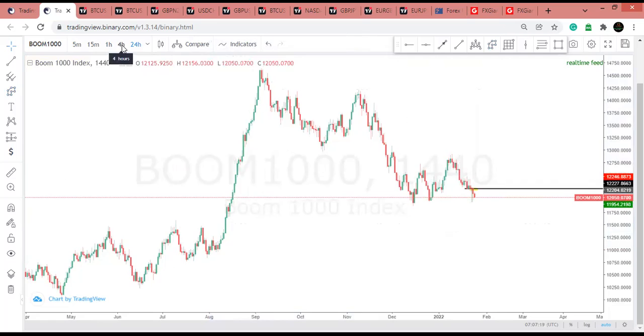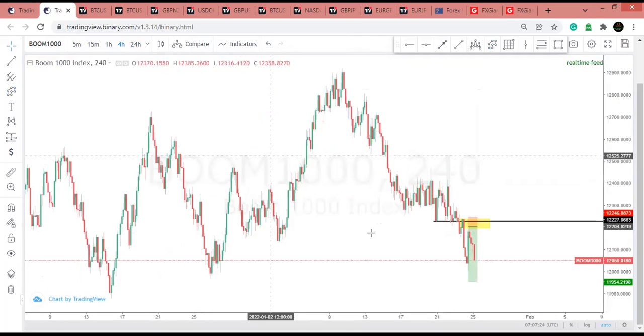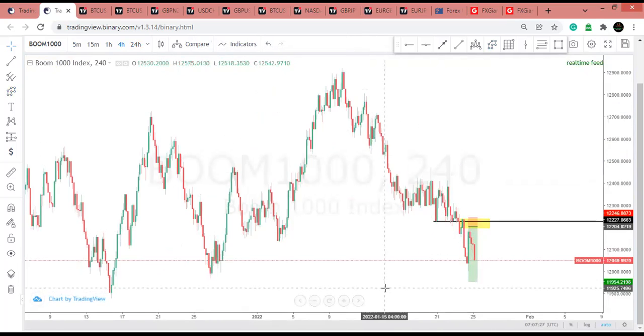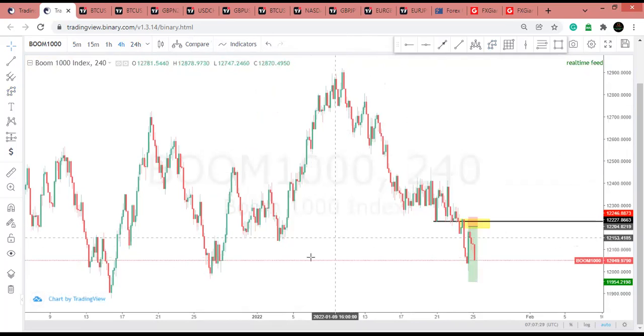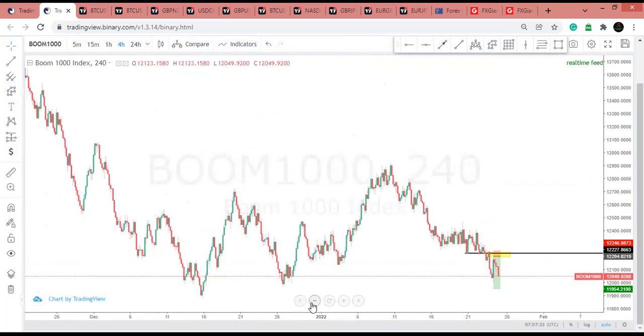Now on 4 hours, you would see we have a trading range and a break of structure. Let me zoom it in for you guys. These are break of structure here on 4 hours. That's where I marked my black horizontal line.